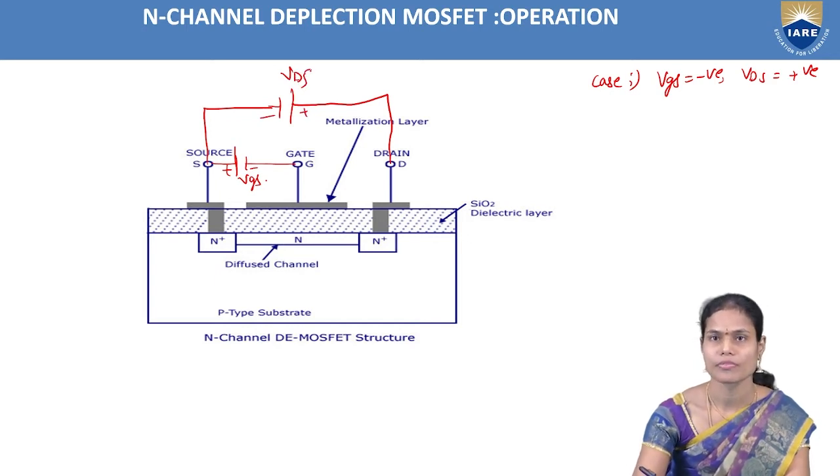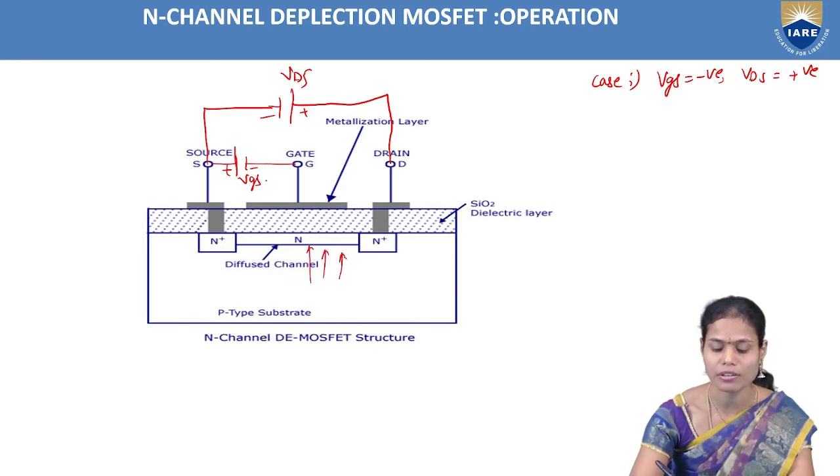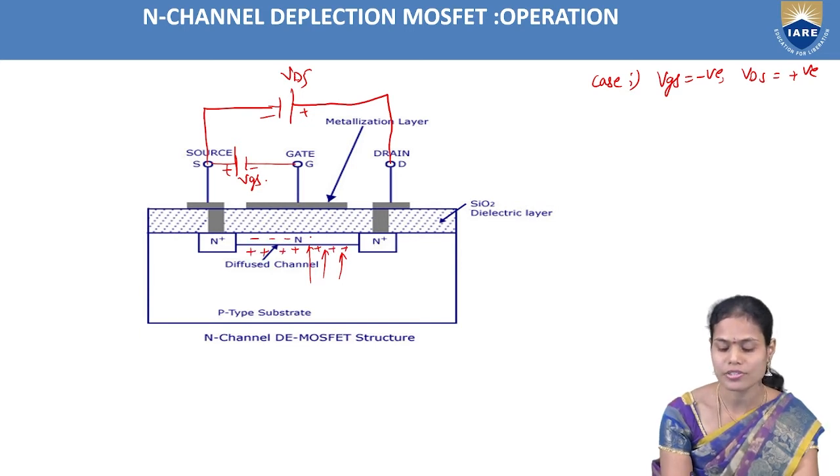In this case, the P-type substrate has holes as majority carriers and electrons as minority carriers. These majority charge carriers are now attracted towards the gate terminal, because the gate is connected to the negative terminal. So the holes are moving in this direction, and electrons are already present in the N-type channel.